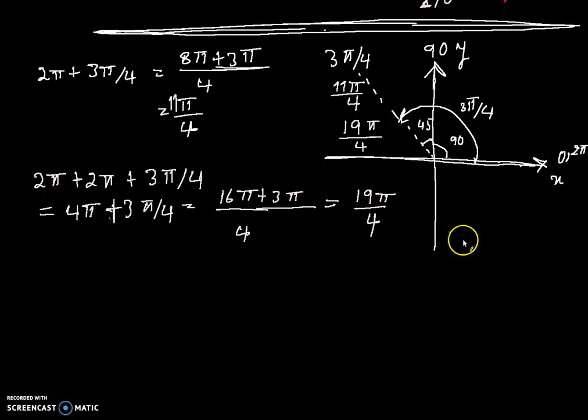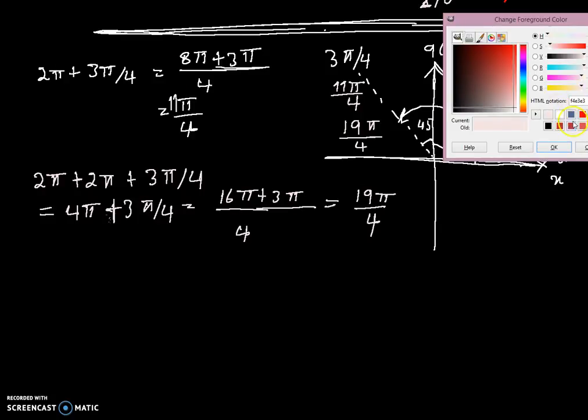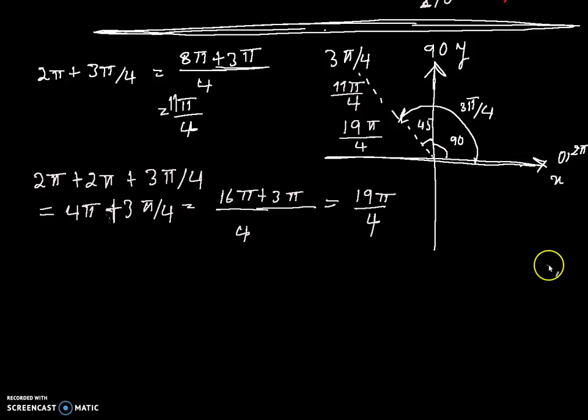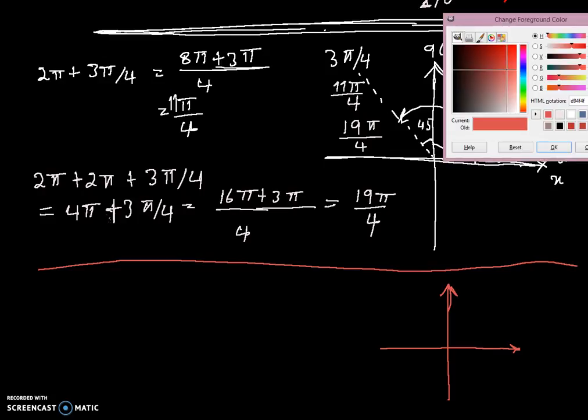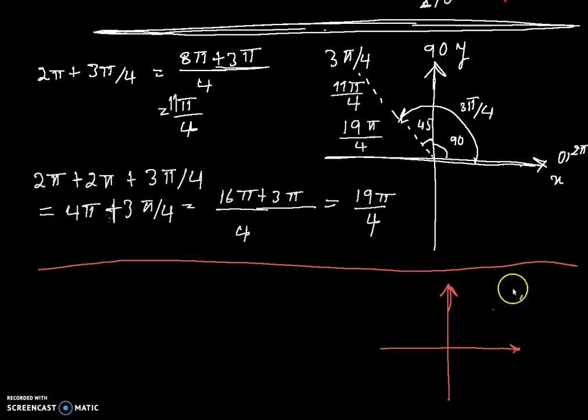For example, this is the x-axis, this is the y-axis, and if this is 0, and you move 90 degrees in the negative direction, what's that?